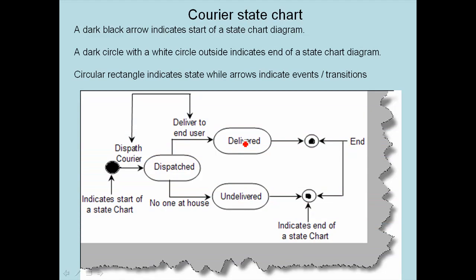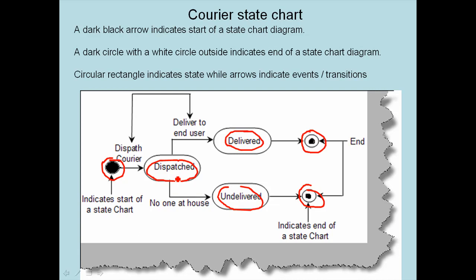Now we will walk through a simple state chart diagram of a courier. First thing in a state chart diagram is that you have a start, which is represented by a dark arrow, and the end of these states is represented by using a dark circle within a white circle. When you move from one state to another state, the states are represented in an oval shape.